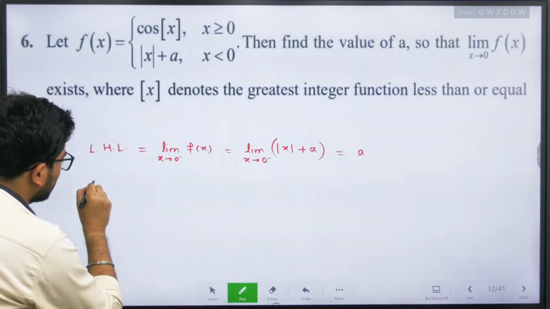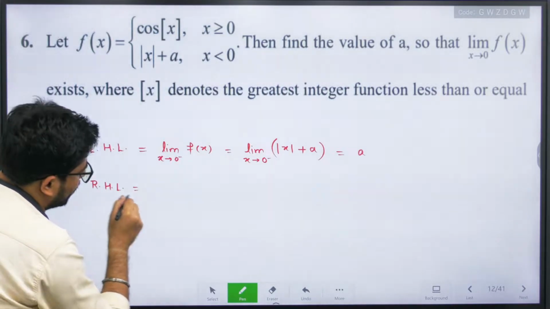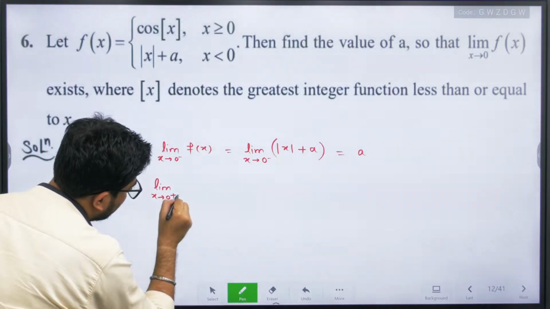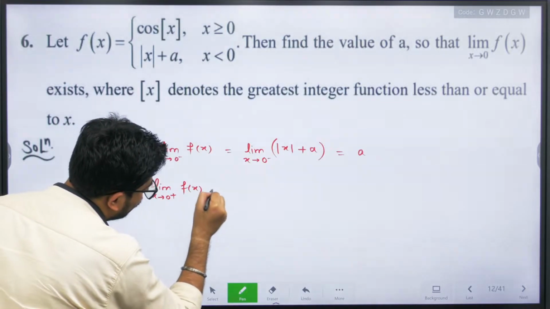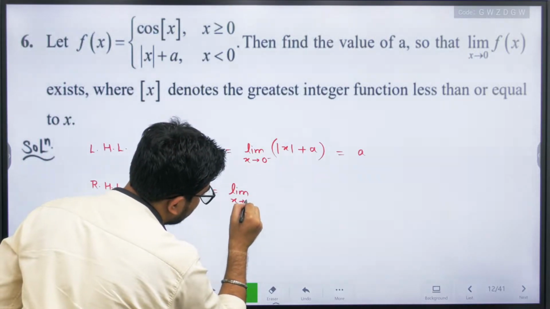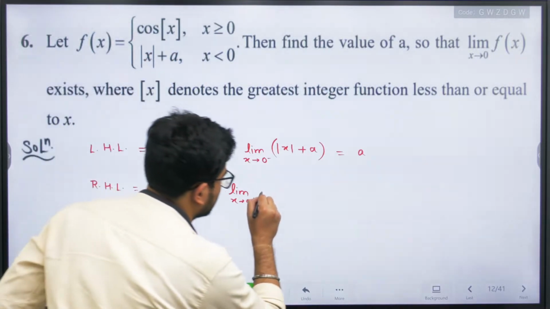Now similarly you can find the right hand limit. The right hand limit is the limit as x tends to 0 plus of f(x), which is cos of greatest integer x.